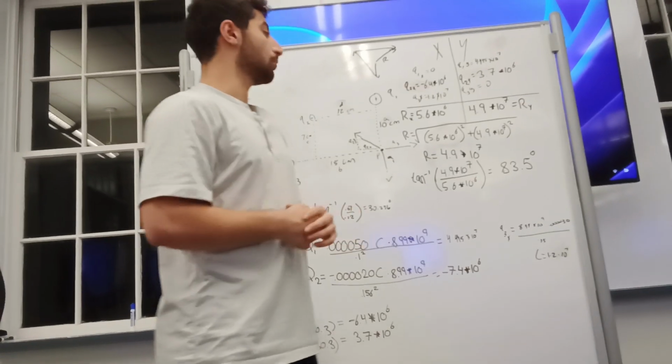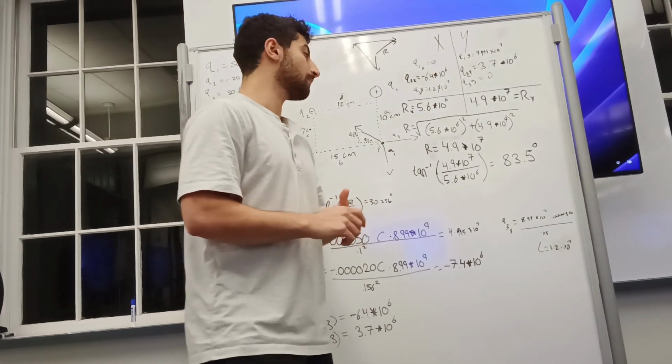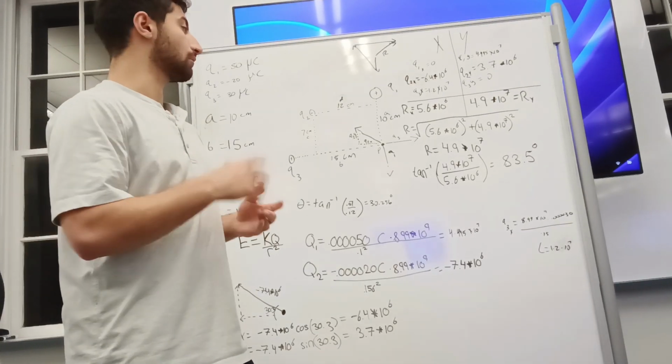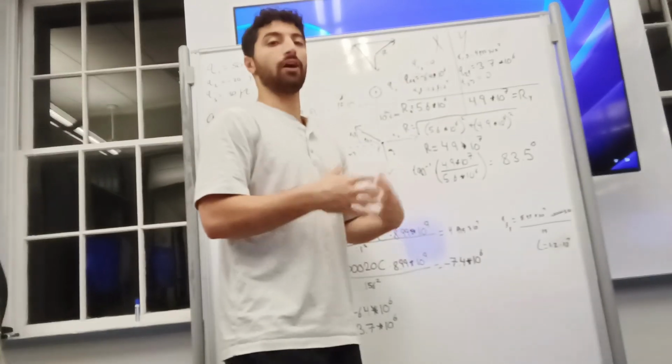After doing the square root, you get an R of 4.9 times 10 to the 7th. That is officially your magnitude of the electric field at your point P, and that is our answer we're looking for.